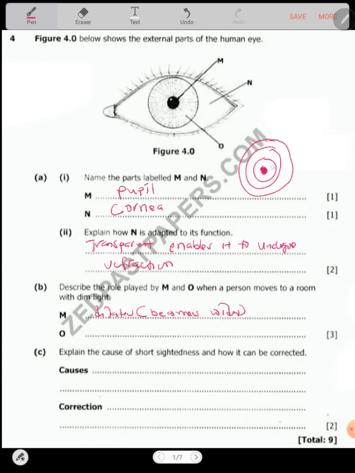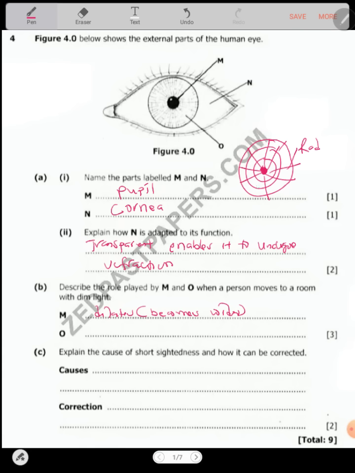The pupil is surrounded by these muscles. The ones that are looking like sticks, these are what we call radial muscles. While these that are round, we call them circular muscles. Now what happens?